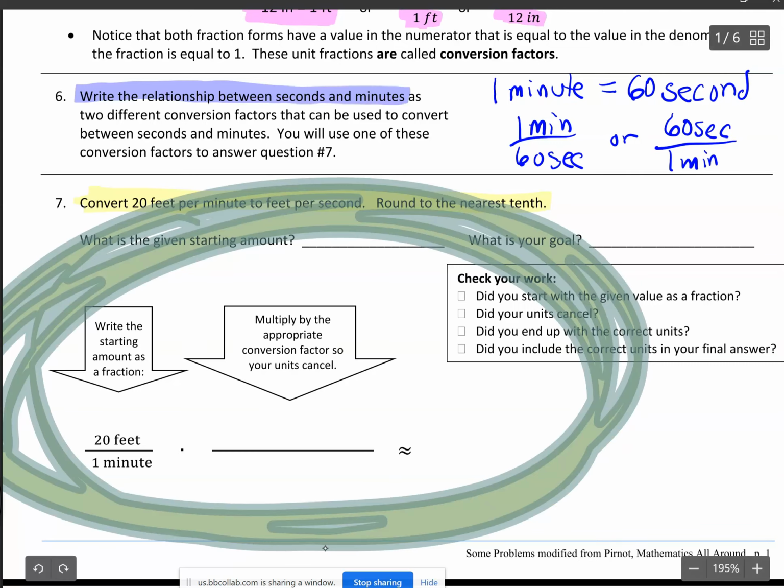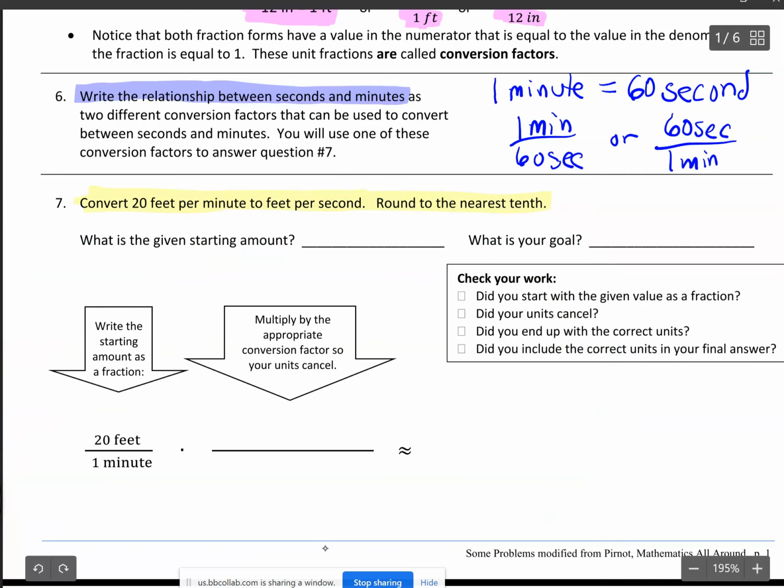So this is what you're training your brain to do. You're going to say, okay, what is my starting amount? What amount were we given? We were given 20 feet per minute. That's your starting amount. So your brain says, okay, I have 20 feet per minute.